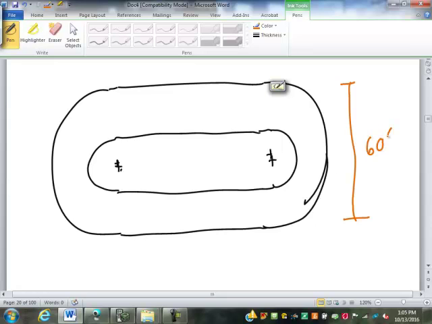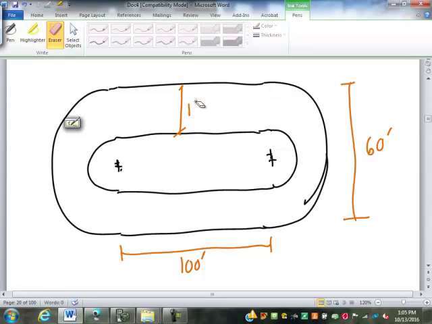Let's call this one 60 feet. I'll give you this distance here of 100 feet. And from here to here, we're going to call that 15 feet. Let's make it easier on ourselves. We'll call it 10 feet. I want to know the area of the track.